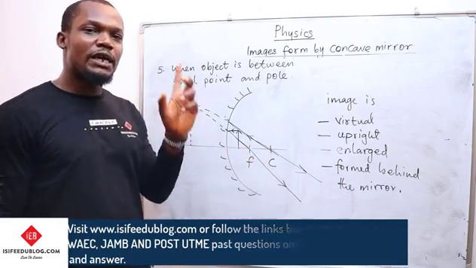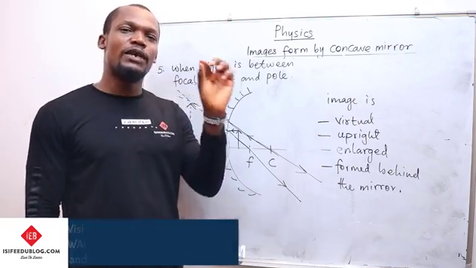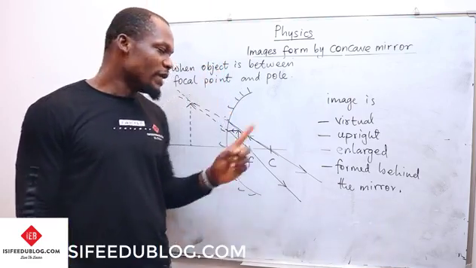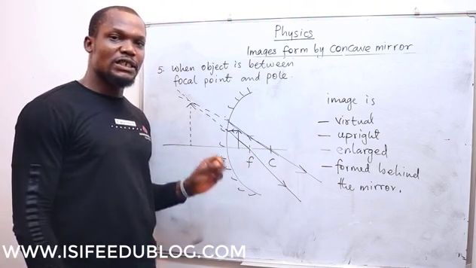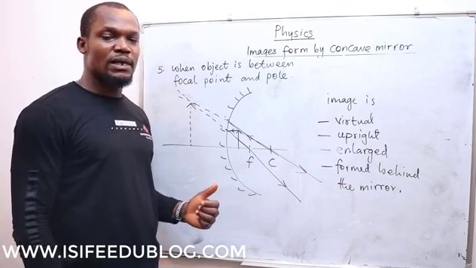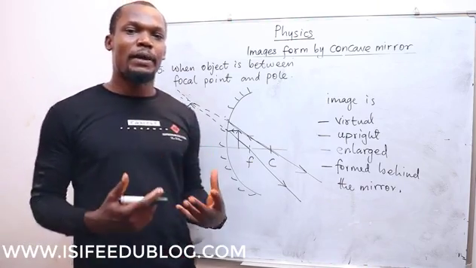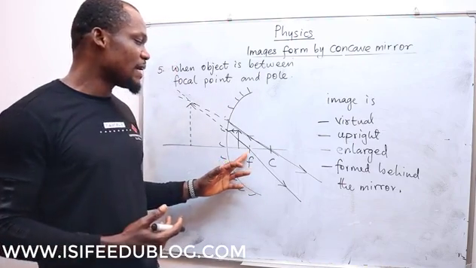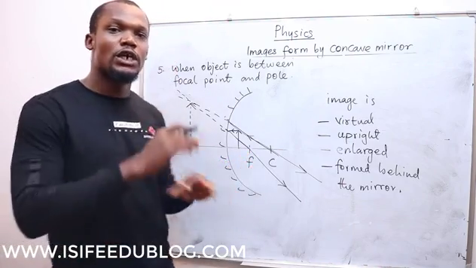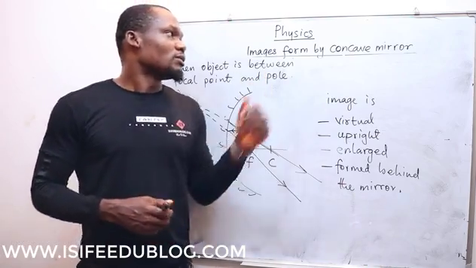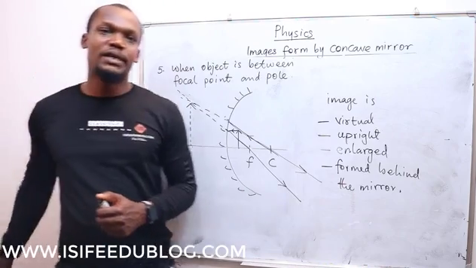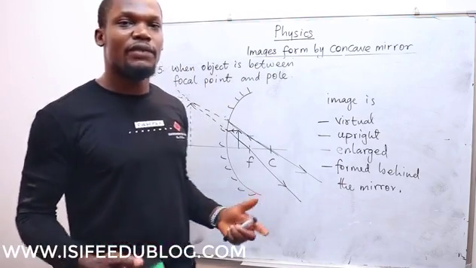The only time a concave mirror is going to give you a virtual image is when the object is between the focal point and the pole. It is very, very important to note this. And again, we have a point where the object is at the focal point, and no image is formed. Next, we take a look at images formed by a convex mirror.